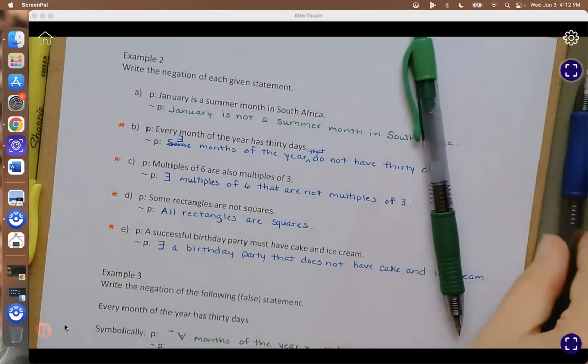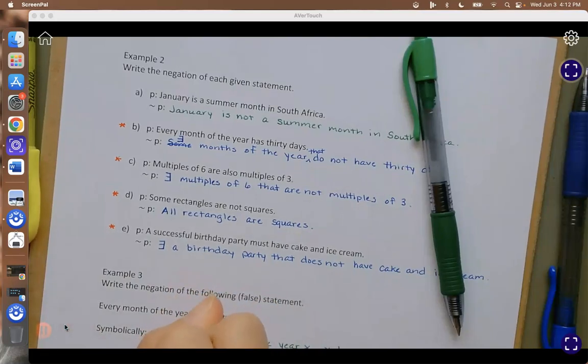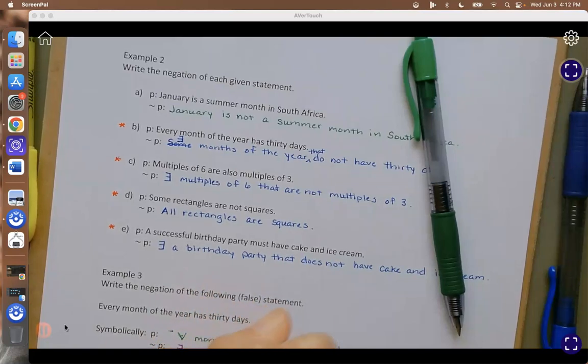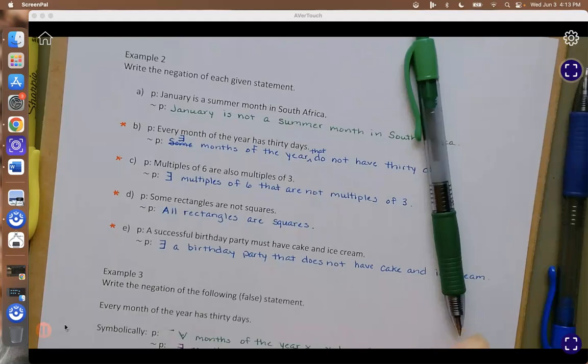Okay, so the negation of that would be: there exist months of the year x, the x does not have 30 days. Sorry, my handwriting's atrocious today.